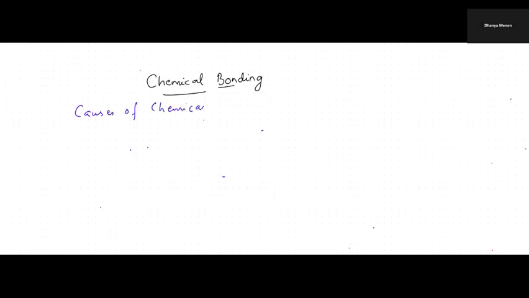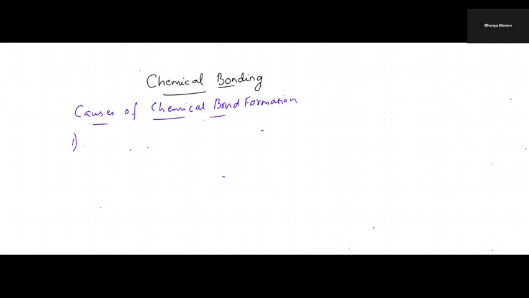What are the causes? First cause is because the noble gases are stable, they have a stable configuration. They have 8 electrons in their outermost shell, right? So that's the octet rule. Okay, so in the same way, other elements also try to be stable by forming bonds.